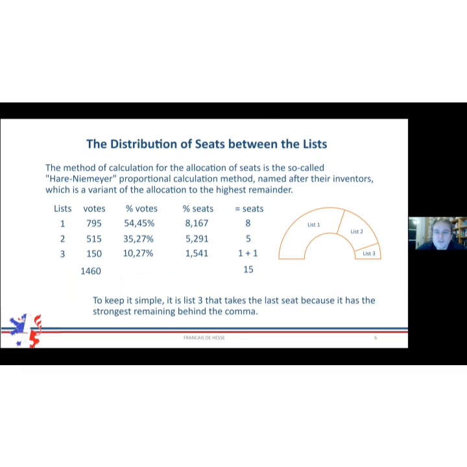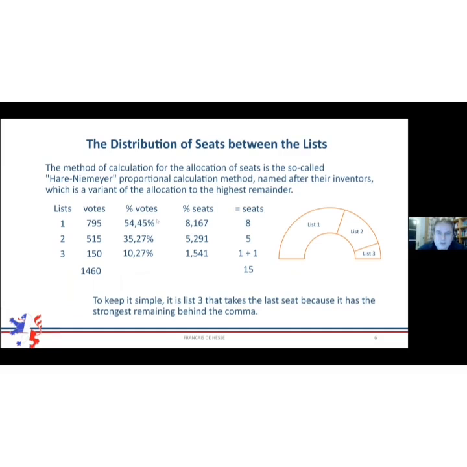Then distribution of seats, so that's the external distribution. So yes, it's everything we've learned from Florian. This is the Hare-Niemeyer proportional calculation method. That's the inventors, and this is mostly proportional. What they do is they compute the share of votes that each list has received.